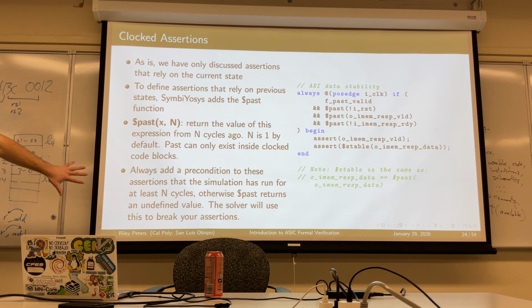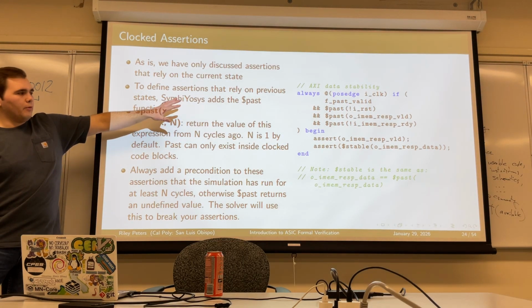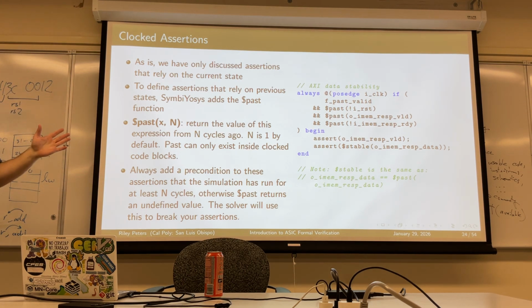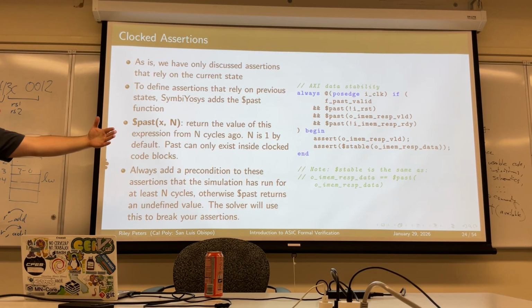One important caveat and one foot gun that I ran into a lot when working with past is you have to precondition every past with this little something. You can name it whatever you want, it's just a variable, but it makes sure that the past functions are valid. Because past is essentially just checking some number of cycles from where you are.